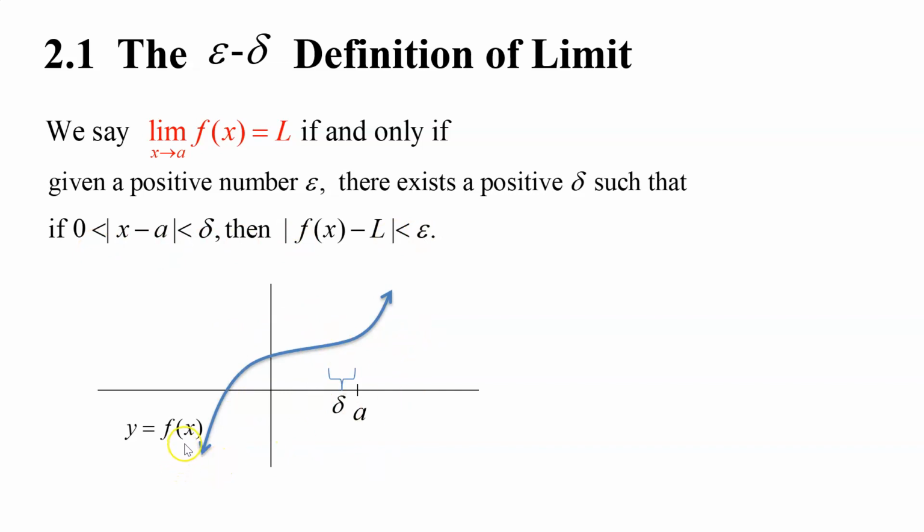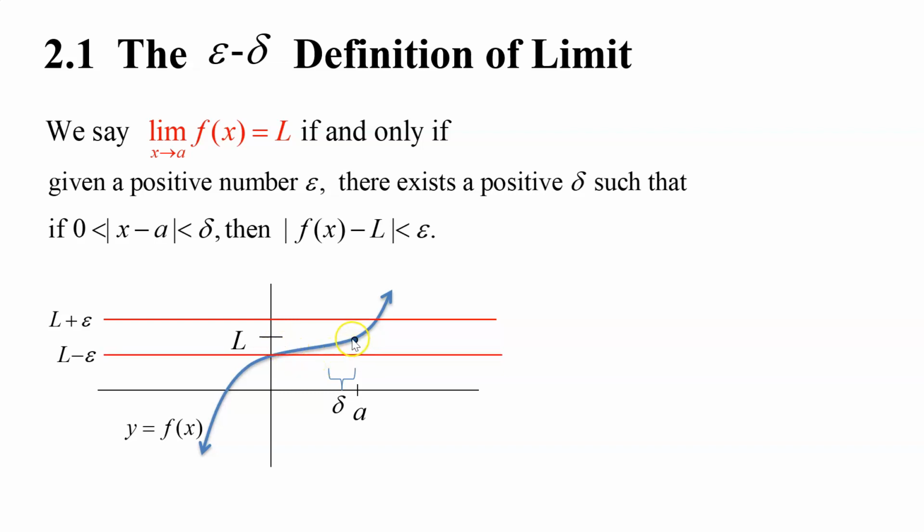You have a curve y equals f(x), a function of f(x). We have a point over here whose coordinate is (a, L). The x-axis is a, the y-axis is L. So what happens is that when you have an L over here, the y-coordinate is L, and if you shift from this point to the left by delta units, you're going to have a minus delta.